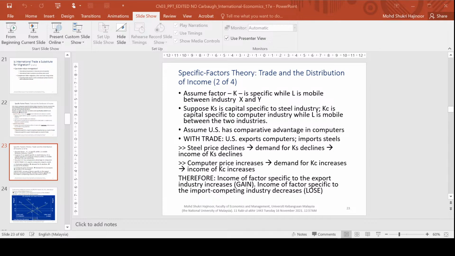With international trade, there's going to be a widening of the wage gap because international trade will shift the demand for skilled workers from D0 to D1. This is because of international trade: the demand curve shifts to the right.